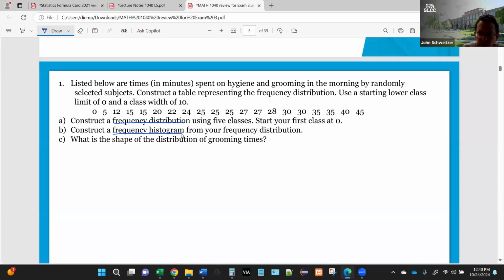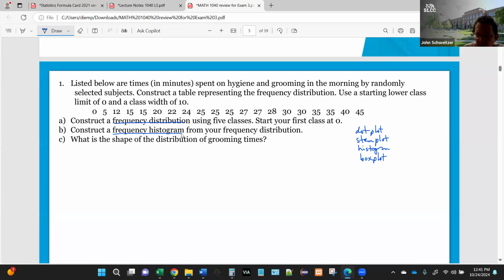Okay, so for quantitative data, there's the dot plot, there's the stem and leaf plot, there's the histogram, there's the box plot. Anything else I'm leaving off?